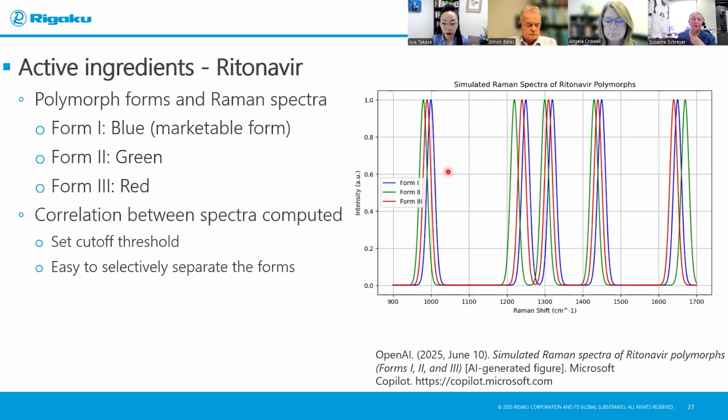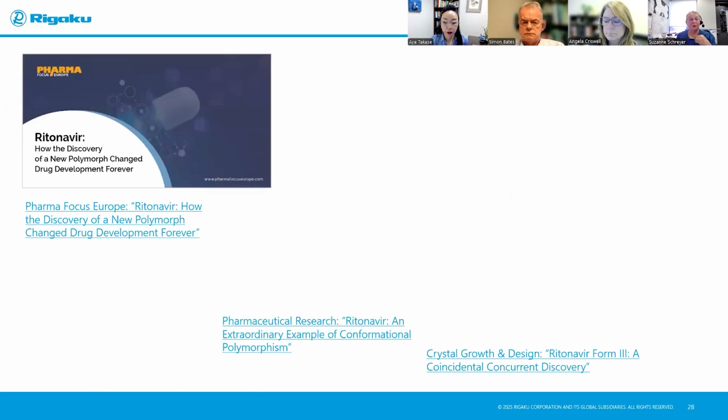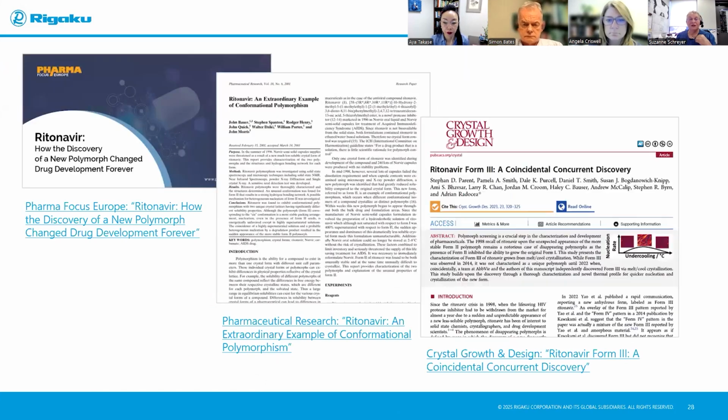Okay? So in any case, if you set a certain cutoff threshold, you'll be able to selectively separate out the forms and make sure in your formulation that you have the correct form. And if anyone's interested, there's some more literature available on this, talking about ritonavir polymorph forms.